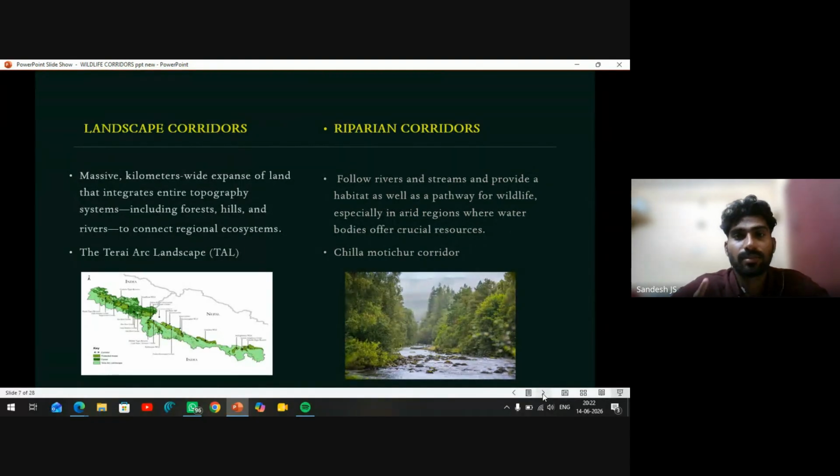When water scarcity is high, these corridors are mostly used in the arid regions where water bodies offer crucial resources. So they can feed on these water bodies and the nearby vegetation or patches for their food. The Chilla-Motichur corridor in Uttarakhand is an example of a riparian corridor. So we have completed the four corridors here.